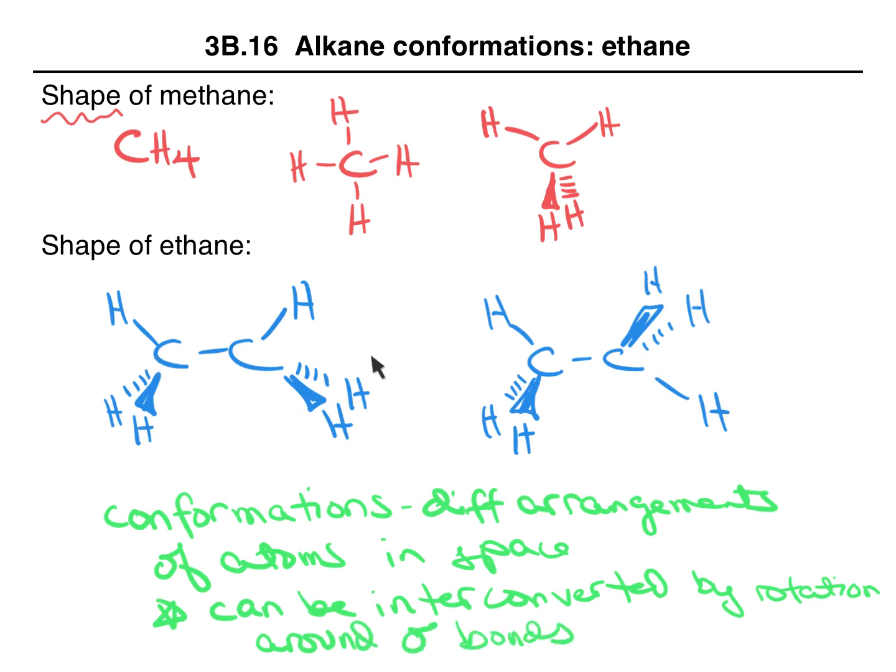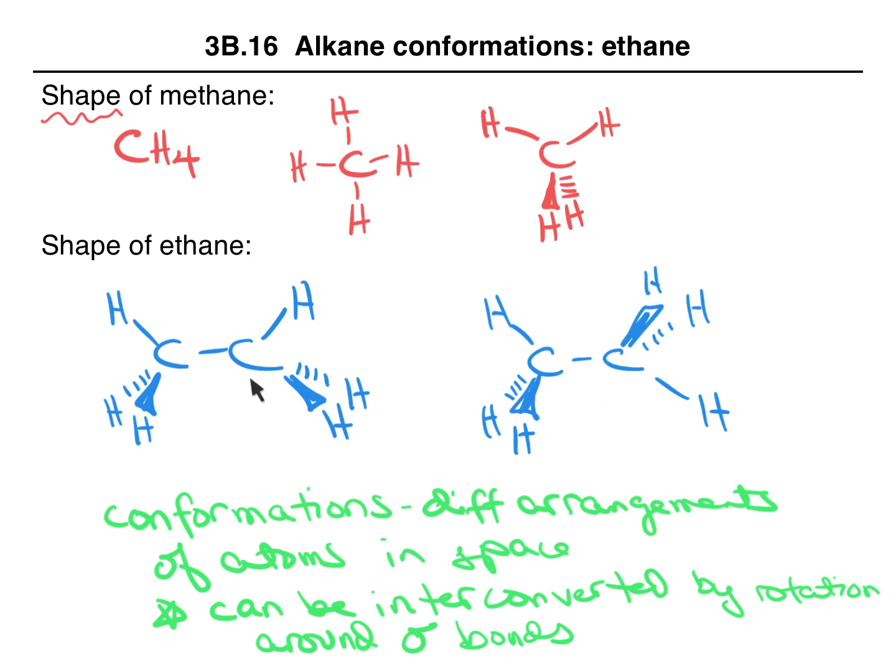So we're looking at different conformations, so different arrangements of atoms in space, and they can be interconverted by rotation around sigma bonds. So it's the same molecule, but a different arrangement in space, and by rotating along this sigma bond, we can interconvert this conformation back to this conformation.